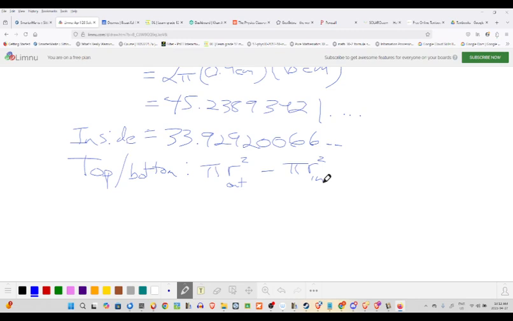This isn't going to be pi times 0.1 squared, because we are squaring them first, and that is not a linear relation. Okay, so pi times 0.4 squared plus pi times 0.3 squared. Oh, I added when I should have subtracted. Pi times 0.4 squared minus pi times 0.3 squared.